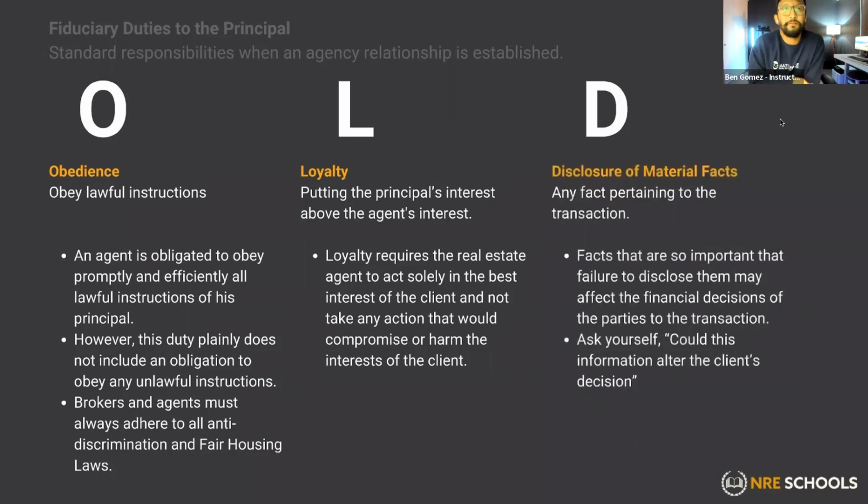D is going to stand for disclosure of material facts. There's a lot of things involved in a real estate transaction. There's a lot of things that we could not know as well. But the way that I describe this one is that you have to ask yourself this question.